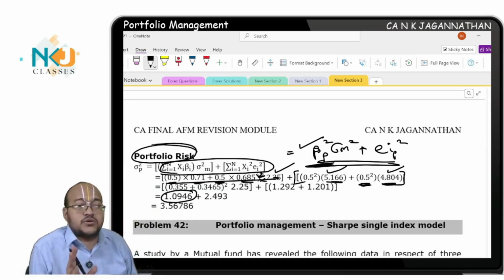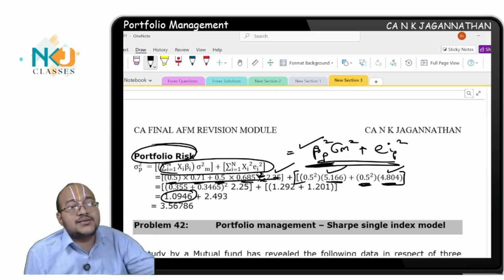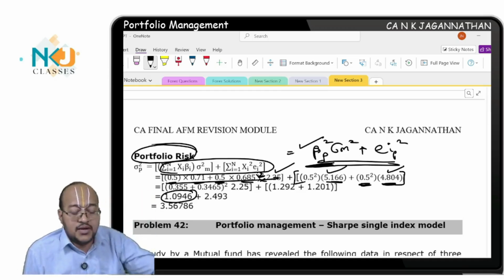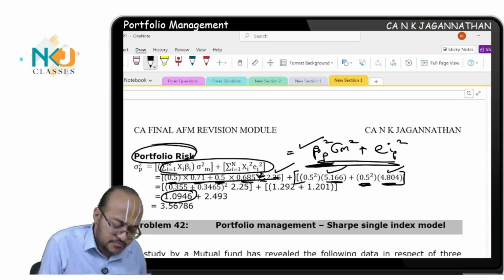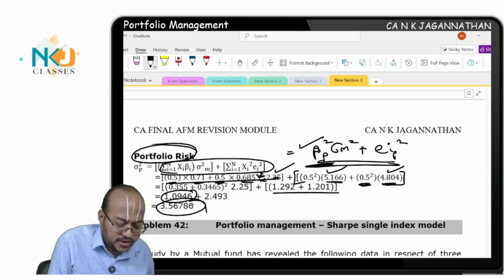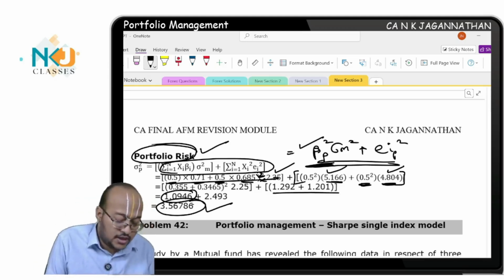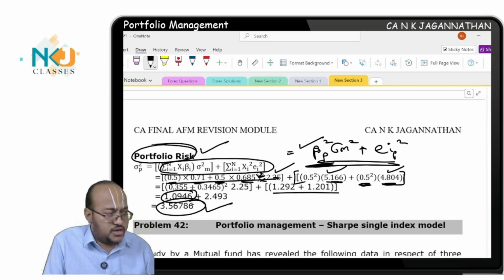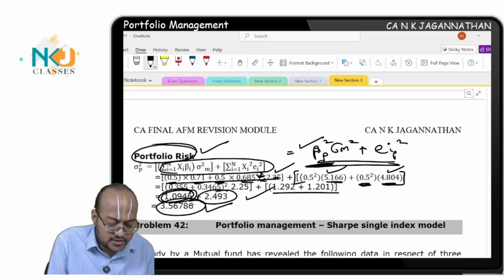Don't ask these foolish questions, because 5.166 is already variance. This is sigma EI squared. Are you all listening? This you don't need to square again. So this is the squared term. Okay, simply you add it, you will get 3.56786 as portfolio risk. And of course, out of this, if someone asks how much is systematic and unsystematic, you can show this. This is systematic, this is unsystematic.